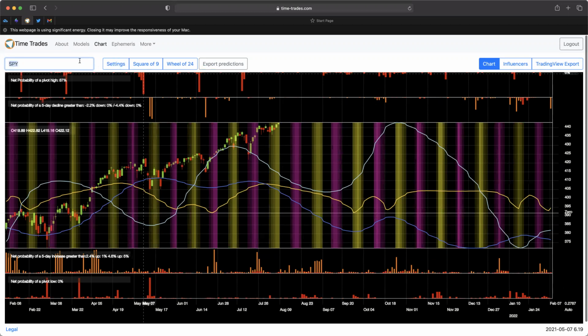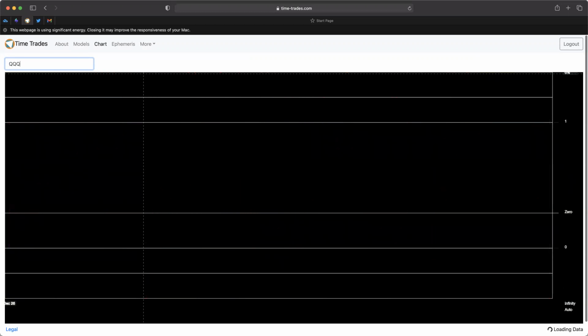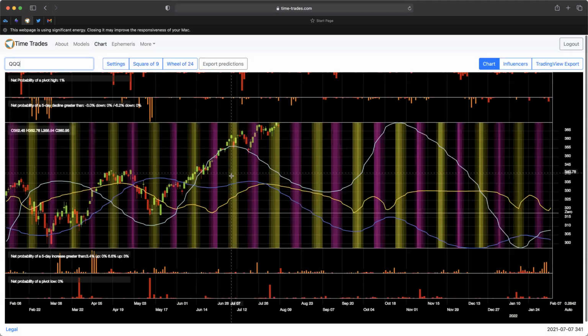And let's close the video with a quick look at the Qs. Okay, so the big thing in the Qs that I'm looking at right now is this 20% probability of a 2 standard deviation move up for Monday. So what Time Trades is forecasting is a big pop up in the Qs.